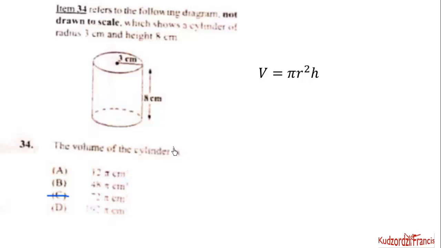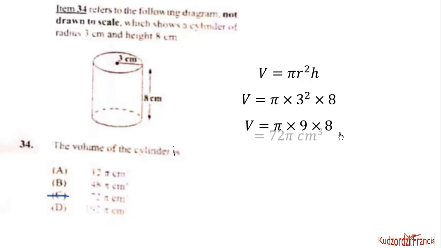The volume of the cylinder is given by V equals pi r squared h. So the radius is 3. We substitute 3 there. 3 squared is 9, and 9 times 8 is 72. So the volume is 72 pi centimeters cubed. So this is the correct answer.